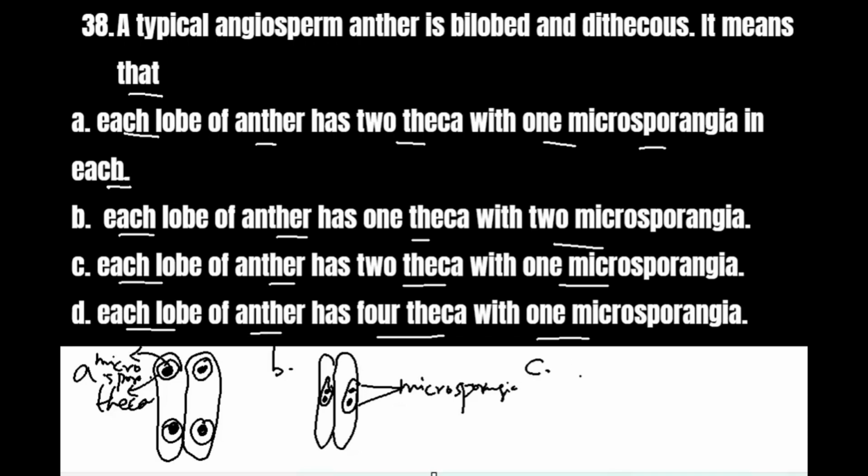Option C is each lobe of anther has 2 theca. Each lobe is having 2 theca with 1 microsporangia. So only 1 microsporangia will be there.